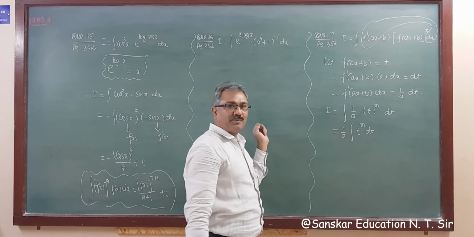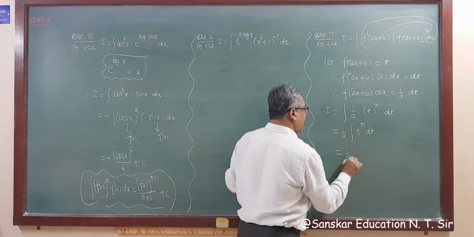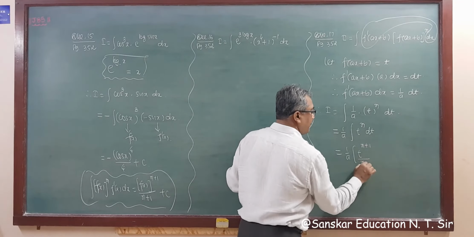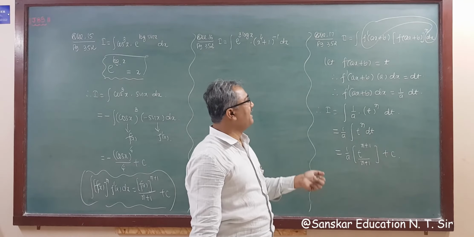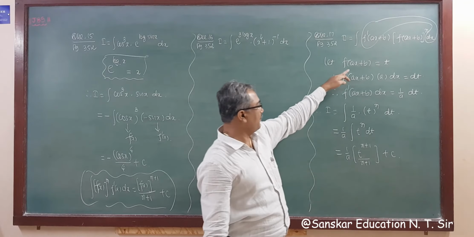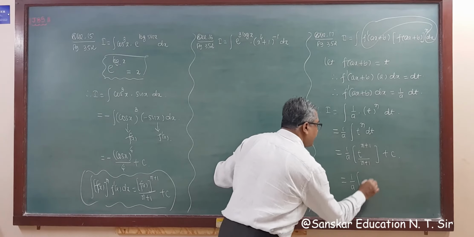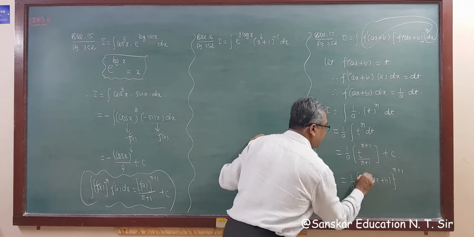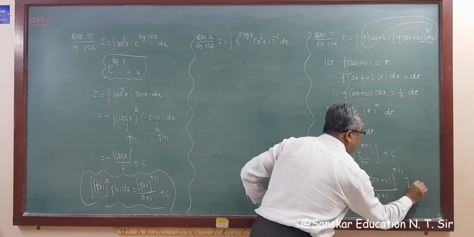Applying the simple first formula of integration, x raised to n, that is 1 upon a, this is t raised to n plus 1 upon n plus 1 plus c. What is t? t is f of ax plus b. So the answer is 1 upon a, f of ax plus b whole raised to n plus 1 whole upon n plus 1 plus c.